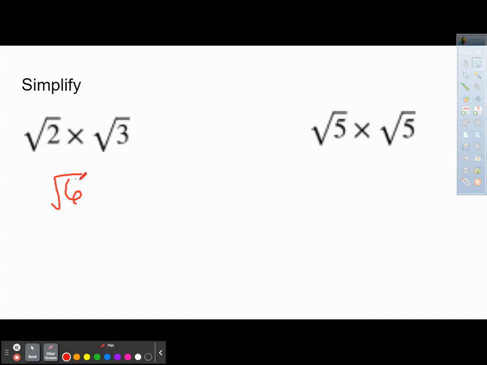Now you want to check to make sure that this isn't a perfect square. To do that, type the square root of 6 in your calculator and tell me what you get. 3.4. Okay, so you get a really long decimal. That means this is irrational, so you would just leave it as the square root of 6.